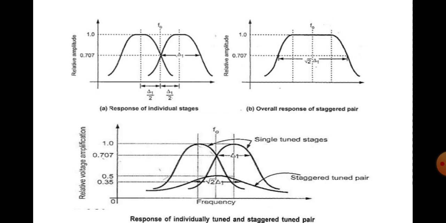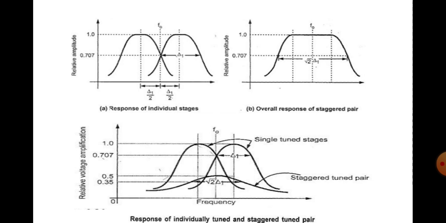So, the overall bandwidth is represented as del 1. Since both single stage tuned amplifiers, which are connected in cascade and tuned at slightly different frequencies, when brought together, we get two center frequencies, and the average of these two center frequencies is nothing but the frequency response curve shown in the response of individual stages, that is the first diagram.